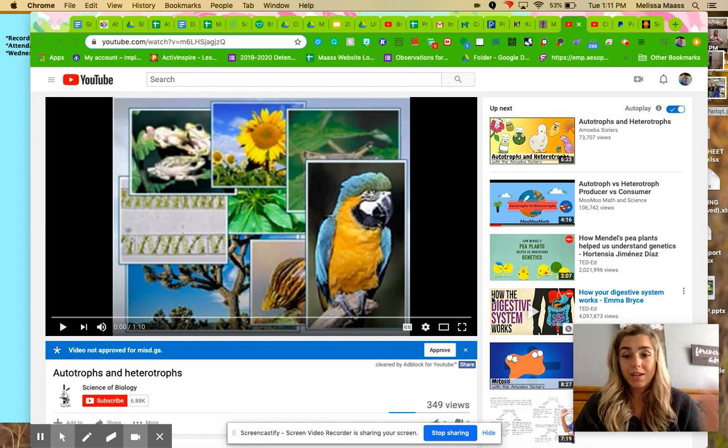So, what we're moving into today, that should all just be review. What we're moving into today is a topic of autotrophs and heterotrophs. We need to know what is what because starting maybe Friday or next week, the next couple weeks, we're really going to be using all these vocab terms that we're learning, and we're going to play with the unit's vocab.